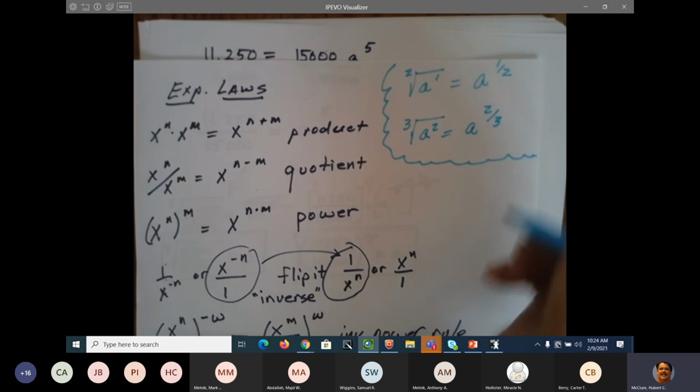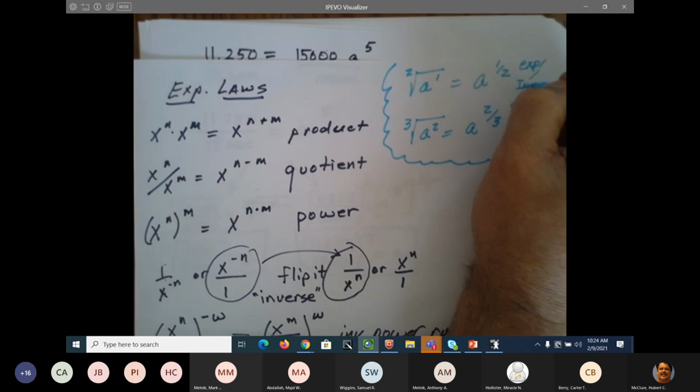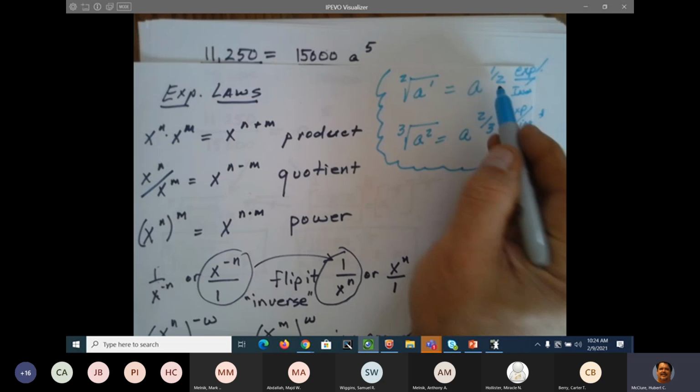What is that? Well, that's the exponent over index. Exponent over index. I'm sorry, I'm running out of paper. Exponent over index. Always remember, you can write a radical as a rational exponent, or you can write a rational exponent as a radical.